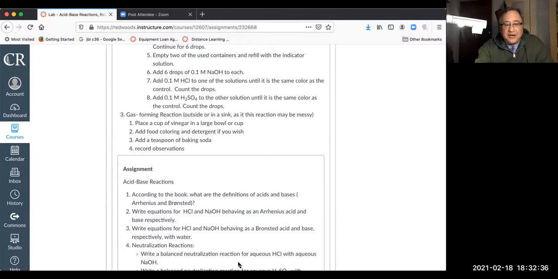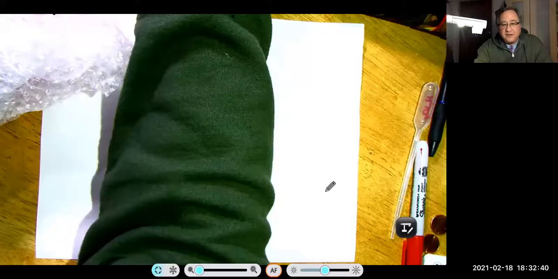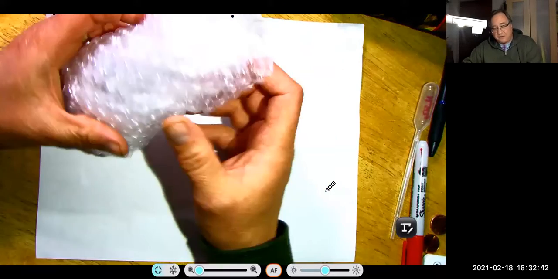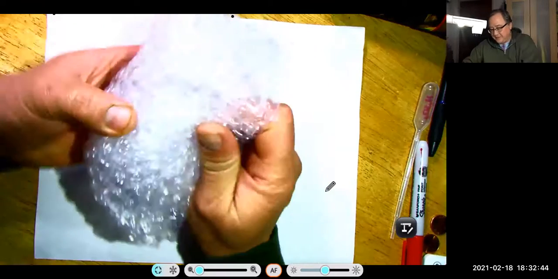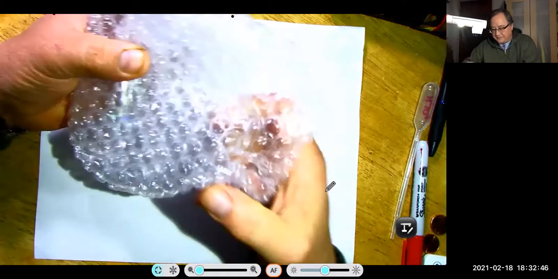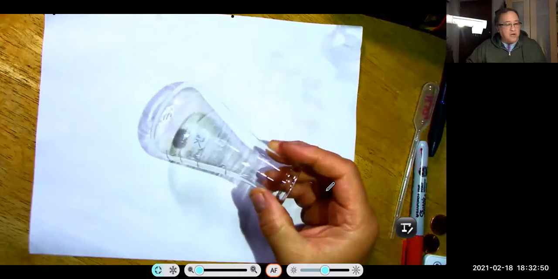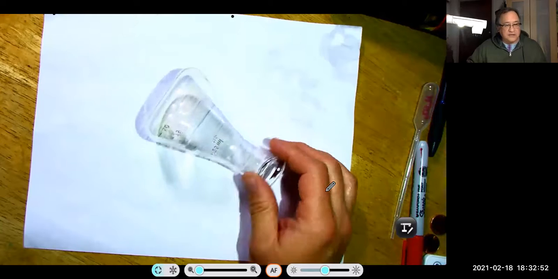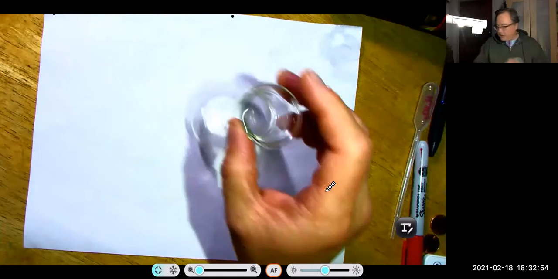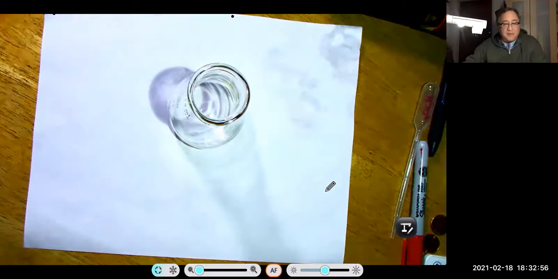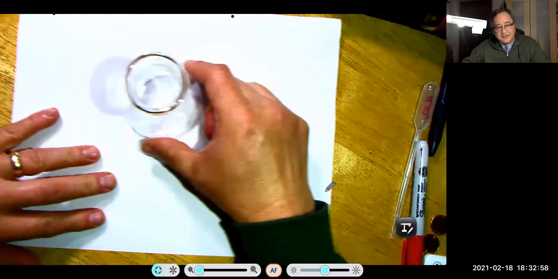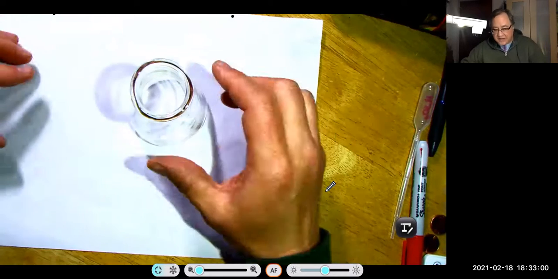Let me do my new share. So this is the Erlenmeyer flask. And when I open it up, you can see that it's conically shaped. You could use this for that experiment. And if you use this, you want to put this inside of a large pot.